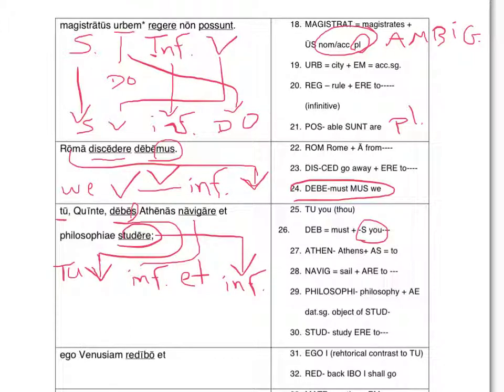So that would be subject, you, in English, debes is the verb, navigare et studere. That's the basics of the sentence. Where he is going to navigare to is Athenas.